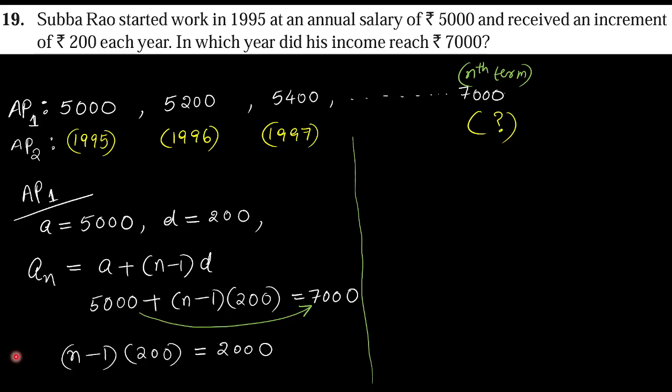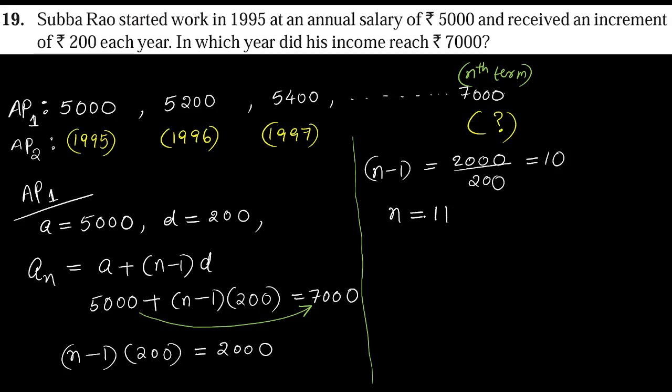Now I am going to take this 200 to the right side. n minus 1 will be 2000 by 200, which is 10. So I got n minus 1 equal to 10, or n equal to 11.